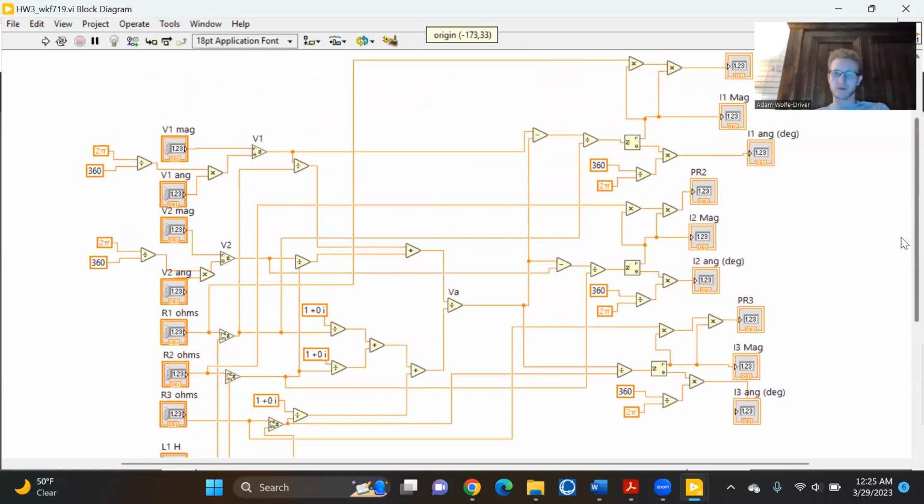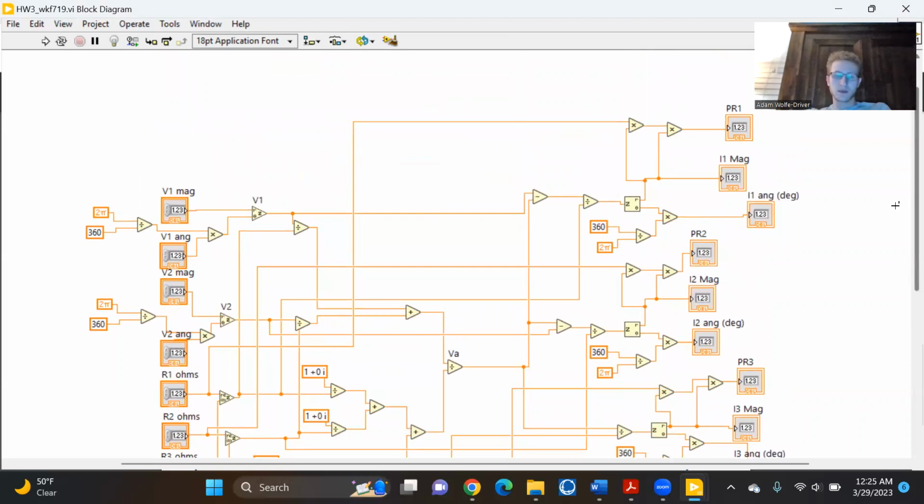After that, to find power, it's just current times the voltage across the resistor. I could have hard coded it since they were all one, but I wanted to make sure that if you change R1 or R2 or R3, you're going to get the right value and it's not just hard coded for one.